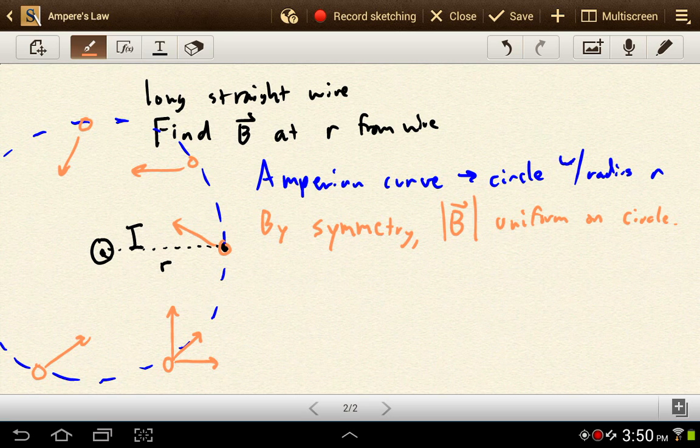And people have asked, well, can't they go in the z direction? Can't they go into or out of the page? They can't, and it's a good question, because of the symmetry of the problem in the z direction. We should be able to apply the same analysis everywhere along the wire. It's a long straight wire, effectively an infinitely long wire, right?